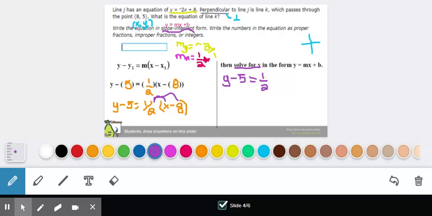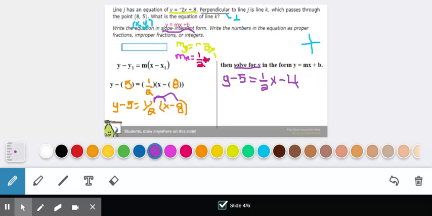Remember, it's nothing fancy. Just because it's a fraction, you can just write the number in front of the letter, just like we do with the whole numbers. And then 1/2 times -8, well, I know a positive times a negative is going to give me a negative. And basically, this is saying, what's 1/2 of 8? Well, that's 4. Or you can use a calculator to figure out 1/2 times 8.